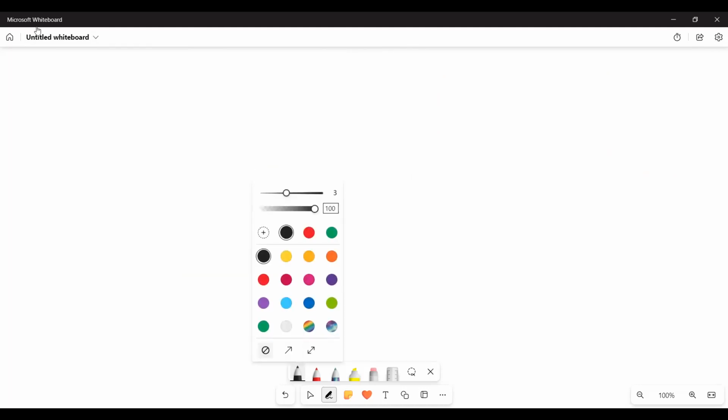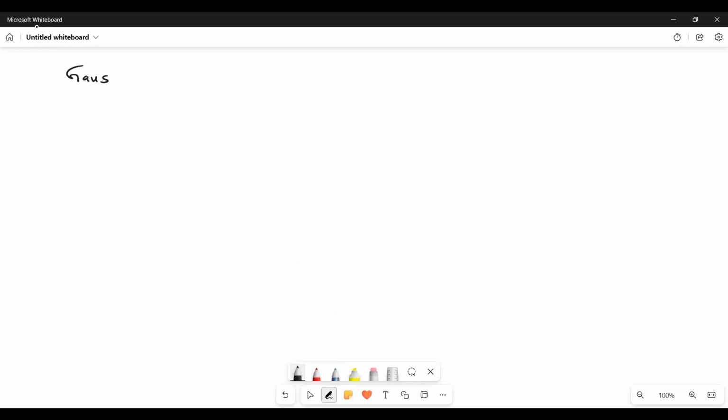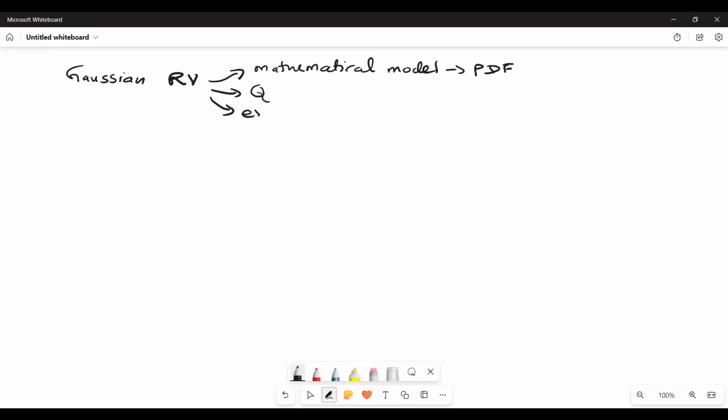We defined its mathematical model, I mean its PDF, and then we defined ways to find the values of Gaussian random variables using the Q function and the ERFC function. Using these, I can find the integration of the Gaussian random variables between specific values.